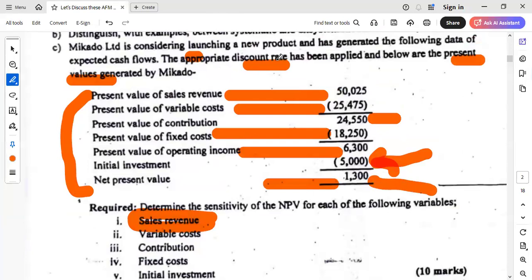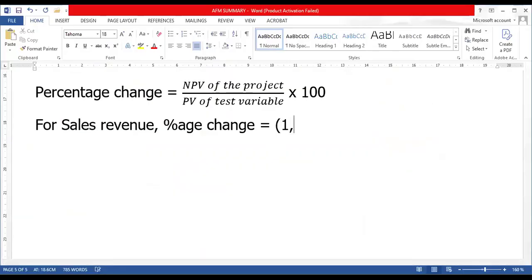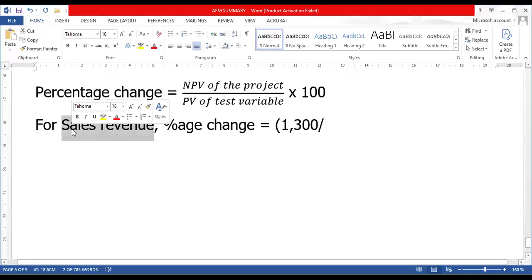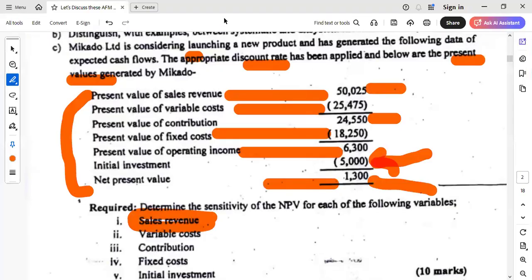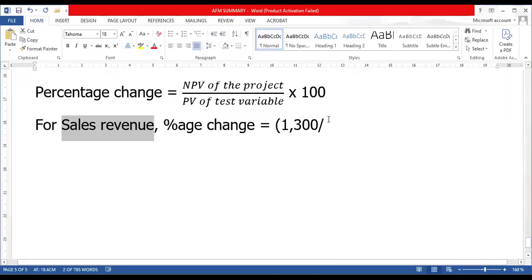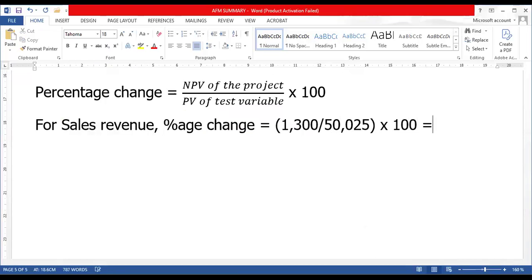So I get that 1,300 and divide by the present value of the test variable. Here the test variable is sales revenue. What is the present value of the sales revenue? 50,000. This is 50,000 at 0.25. Then times 100. What do you get?